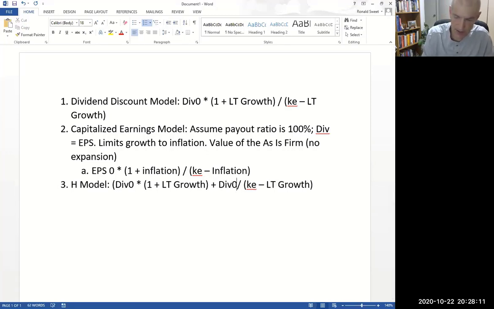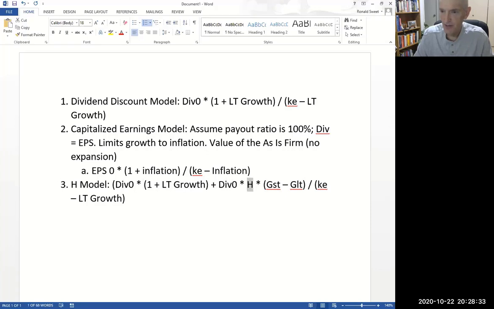We're going to take dividend 0 times H times (short-term growth minus long-term growth). And here's where you use your short-term growth number. So the first part of the formula is exactly the same. The last part of the formula is exactly the same. You take dividend 0. So the only thing we have here is the H.